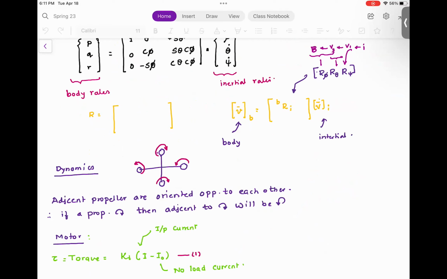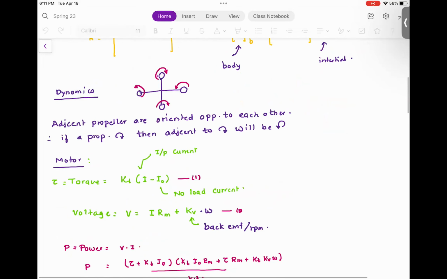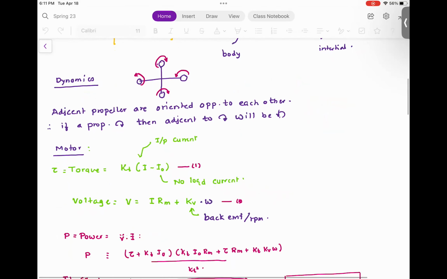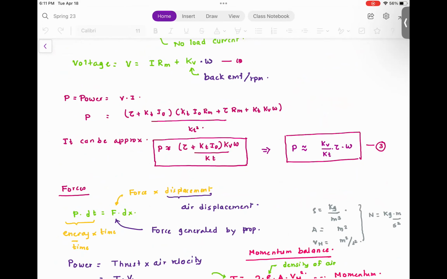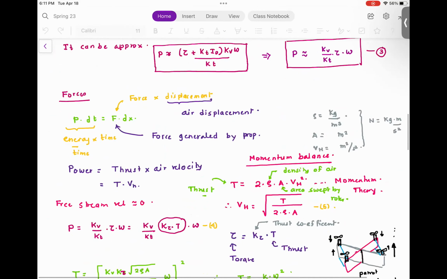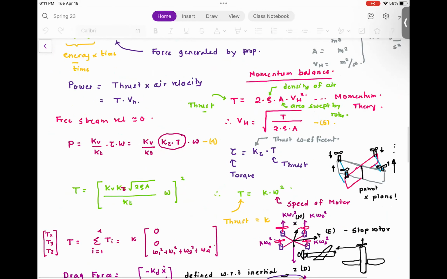Now, something to understand, and since you have hands-on working experience with Mambo, the adjacent propellers are actually rotating in opposite directions, counterclockwise and clockwise. In the last class, we talked about the torque constant. Finally, we looked at the expression, and at the end, we realized that the torque and the thrust given by the propeller are proportional to the square of the angular velocity.